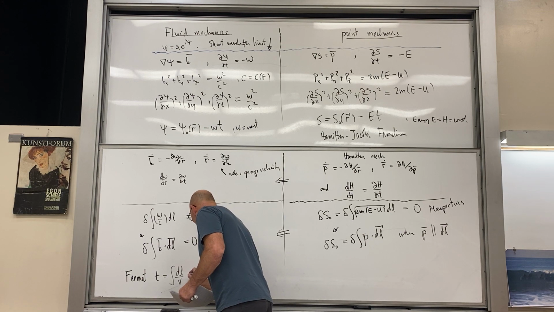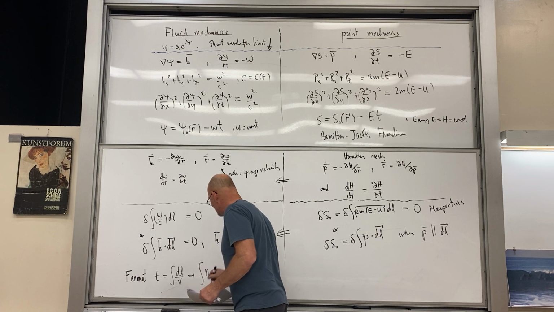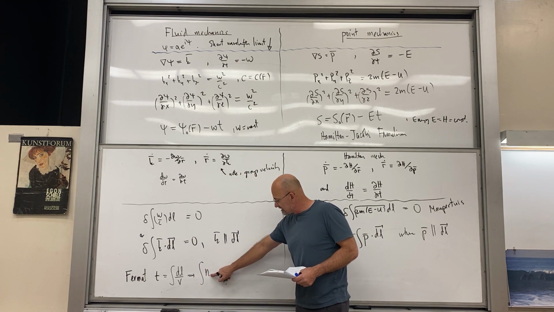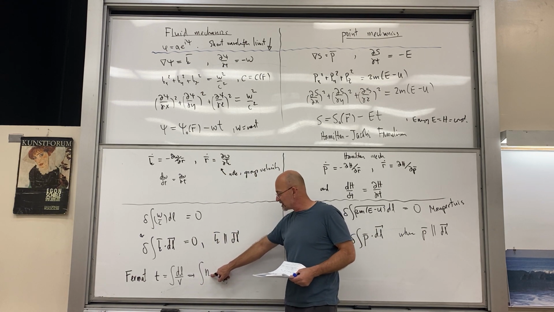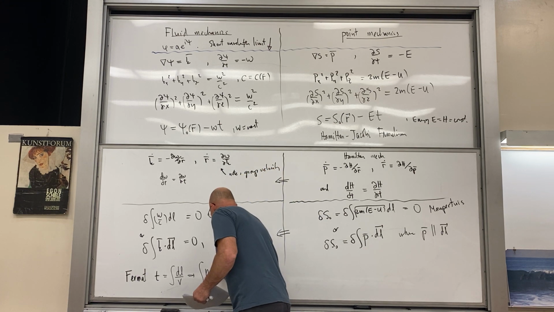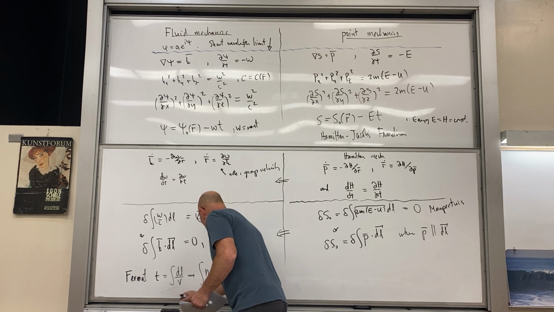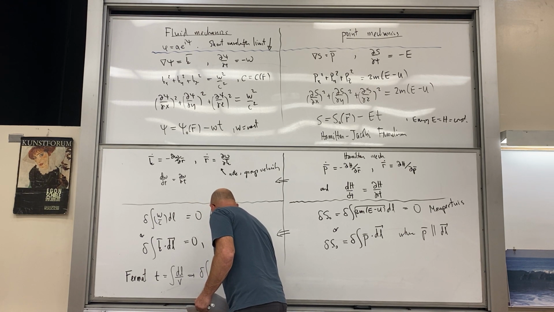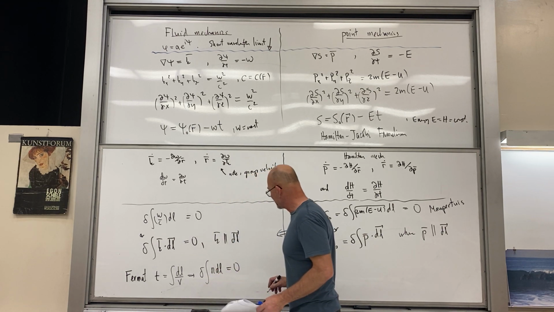And then you can say that that means the integral of n, and in this case, n is the index of refraction. Let's write it with variation. Variation integral n dl equal to 0.